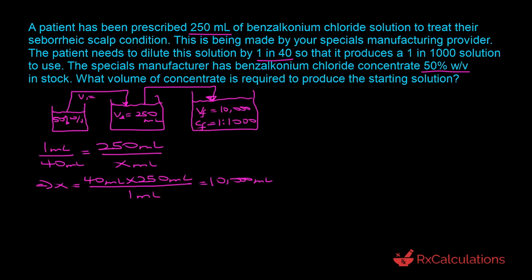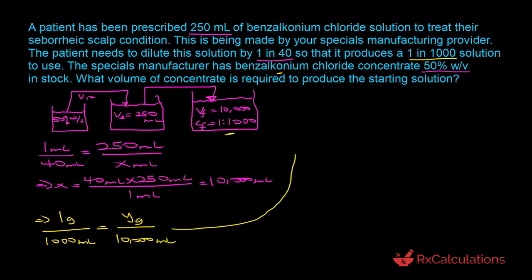The first step here is to determine the amount of benzalkonium chloride that is present in the diluted preparation. The way we would do that is to make use of the concentration, which is 1:1000. That would imply that you have 1 gram of benzalkonium chloride in 1000 milliliters of solution. So how many grams will be present in 10,000 milliliters?